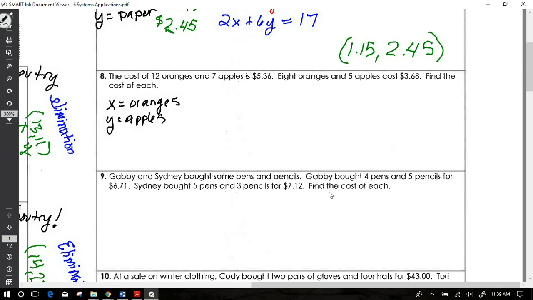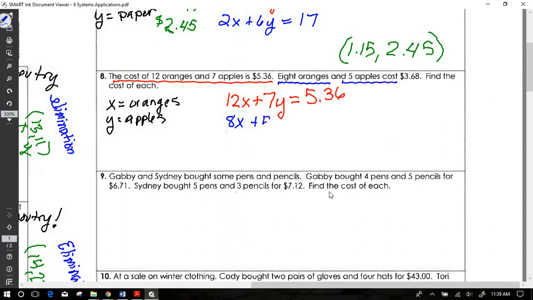Okay, so now I'm ready to translate that very first sentence. So 12 oranges and 7 apples is $5.36. My next sentence reads, 8 oranges and 5 apples cost me $3.68.